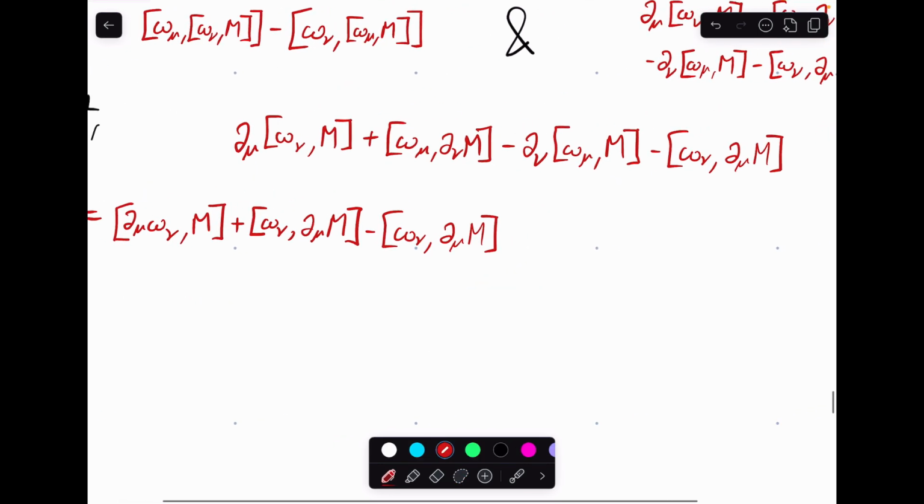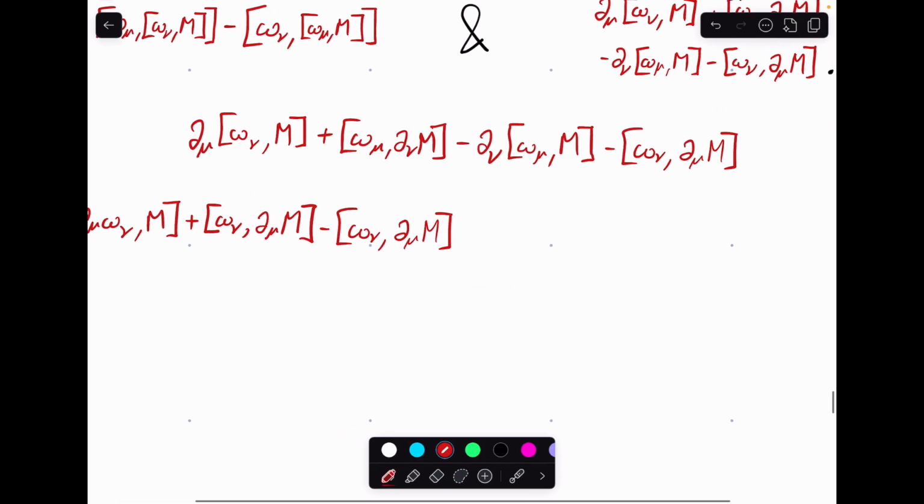Then we have minus partial nu omega mu m minus omega mu partial nu m.